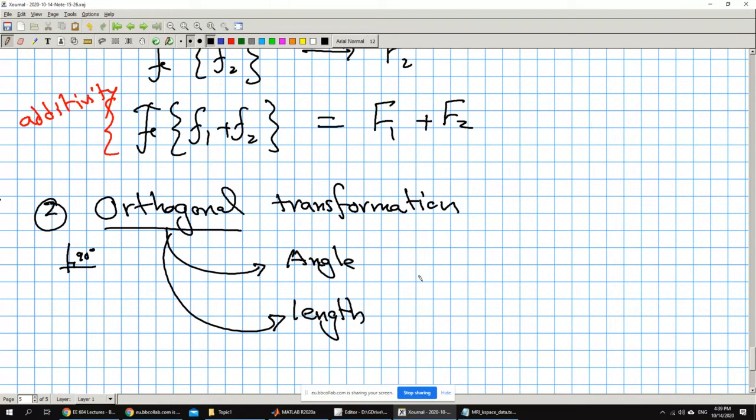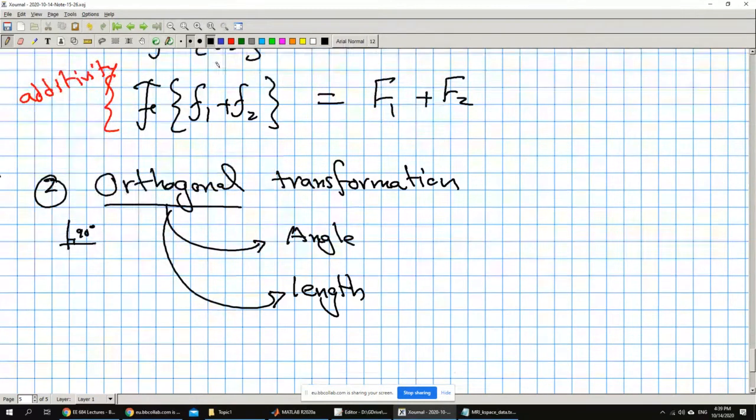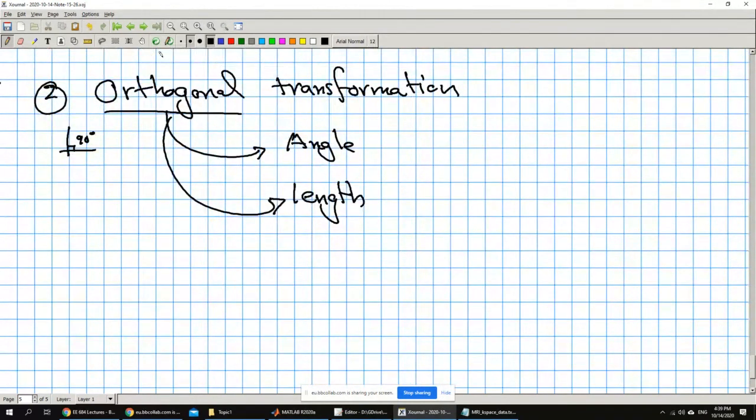I'll give you an example of an orthogonal transformation. A very simple example, you all know about this example. Let's draw the axes like this. You have a vector that looks like this, and this vector makes a 30-degree angle with the x-axis.